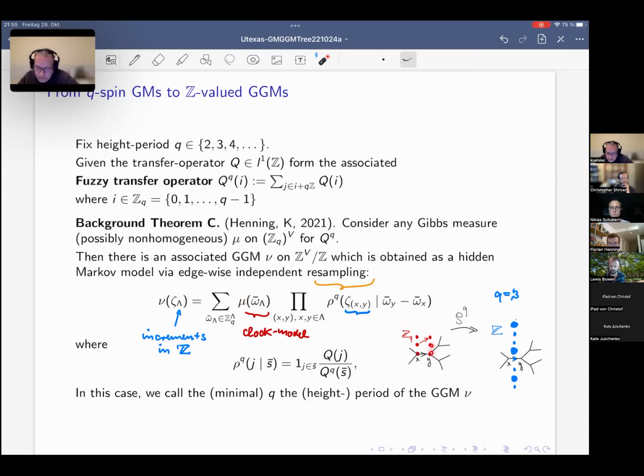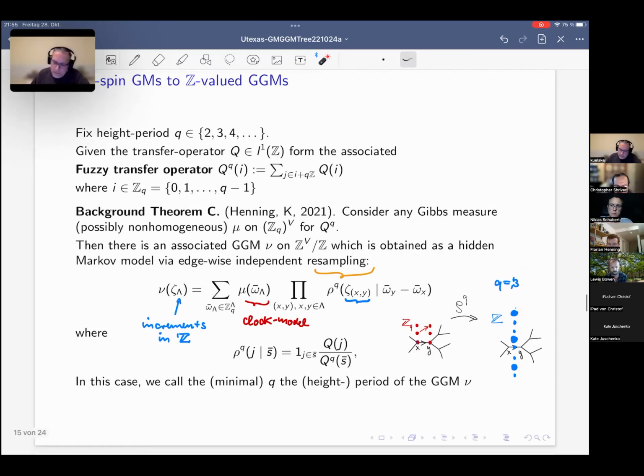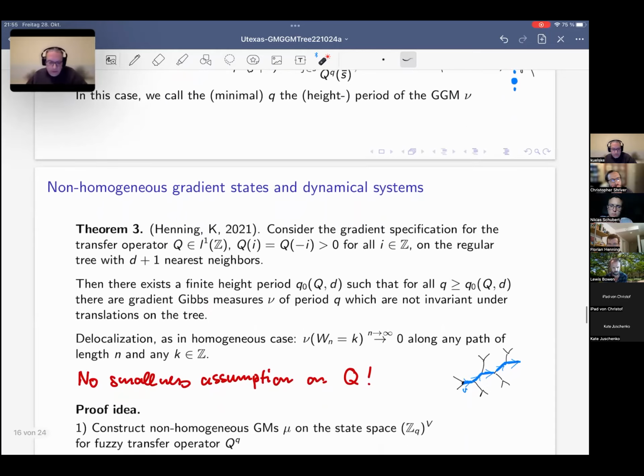So here, for instance, Q equals 3, and you are choosing along an edge a spin variable; you take the increment, so the increment happens to be 1, and you resample, conditional on this 1 which you got here, increments which are in the class. So if this 1 is in Q equal to 3, there could be 1, 4, 7, etc. Okay. So this is also a nice construction, yes.